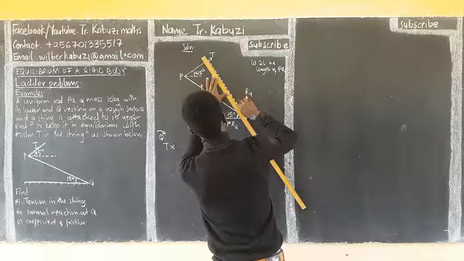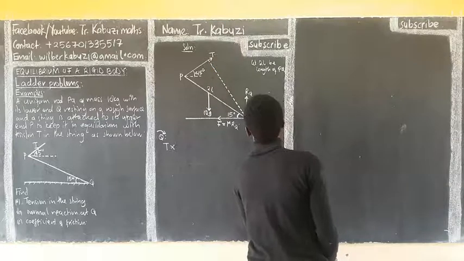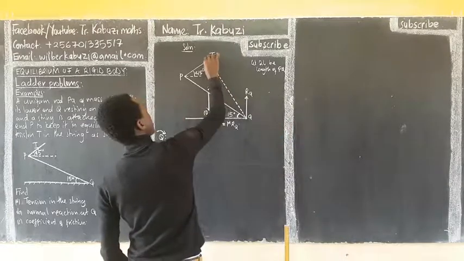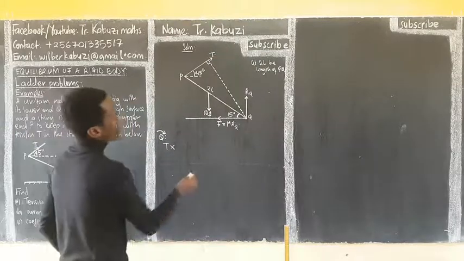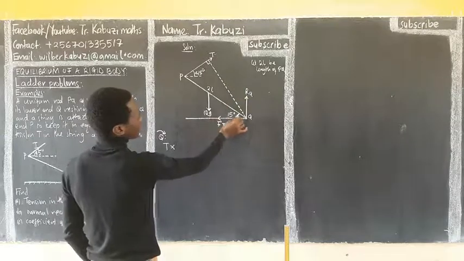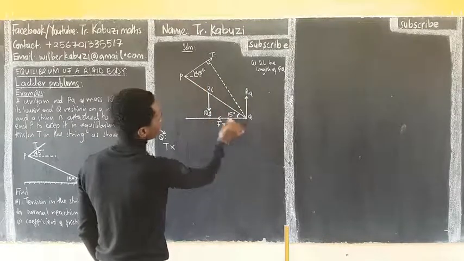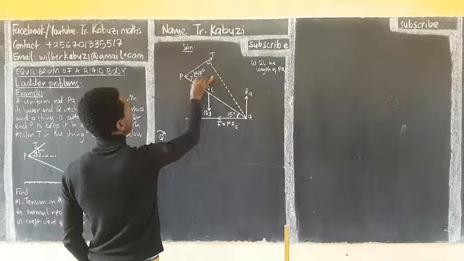Because this line here is horizontal, this angle is going to be 15 degrees.